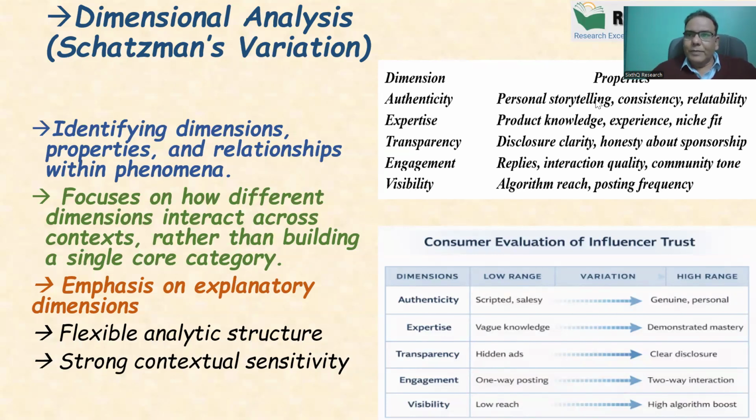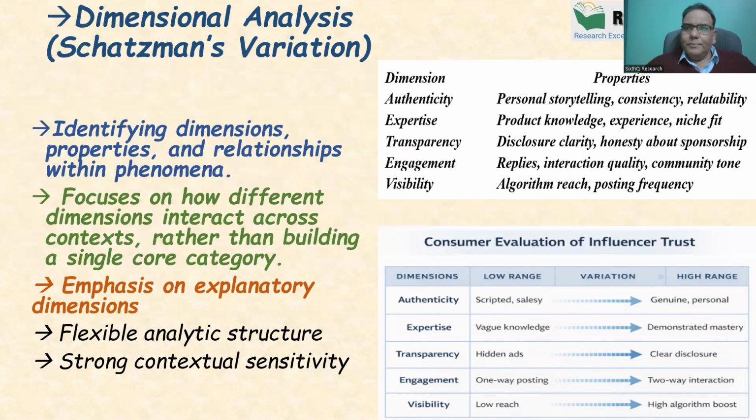For example, authenticity, expertise, transparency, engagement, visibility. These are the themes. This example is related to how customers are influenced by social media influencer posts.